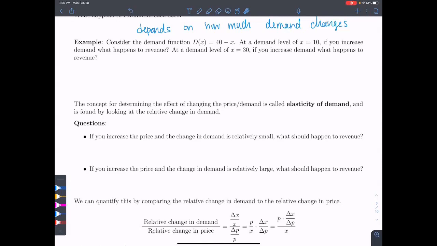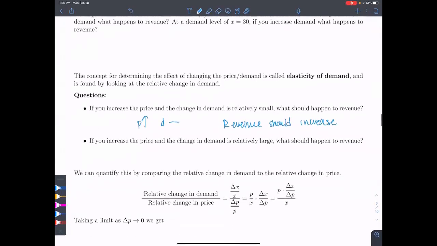If you increase the price and the change in demand is relatively small, so price goes up and demand doesn't really change, then revenue should increase because you're charging more and there are not fewer people buying it. If you increase the price and the change in demand is relatively large, then the revenue is going to decrease.